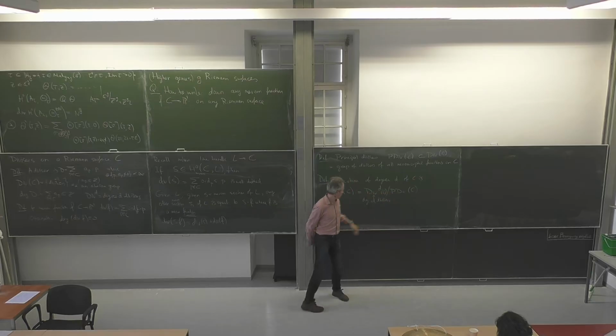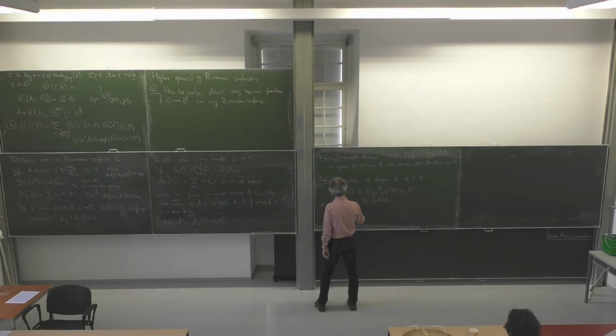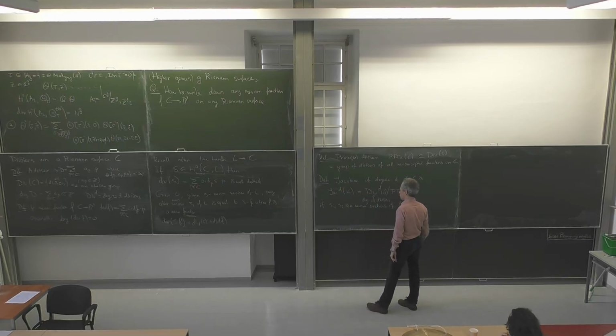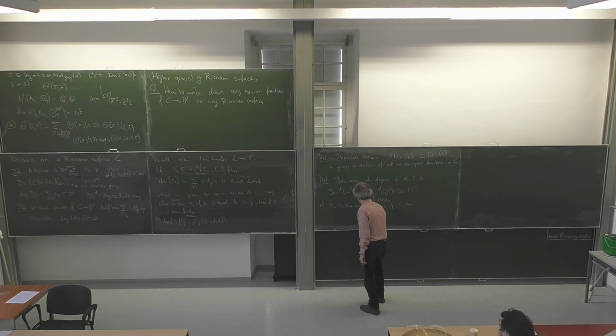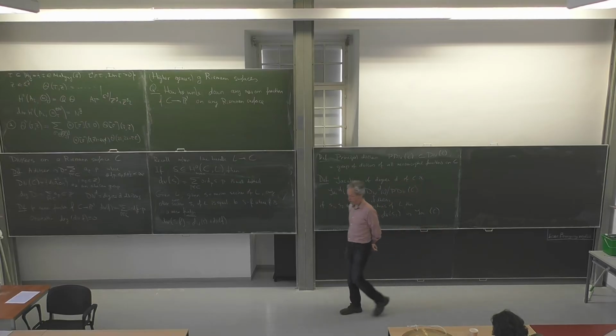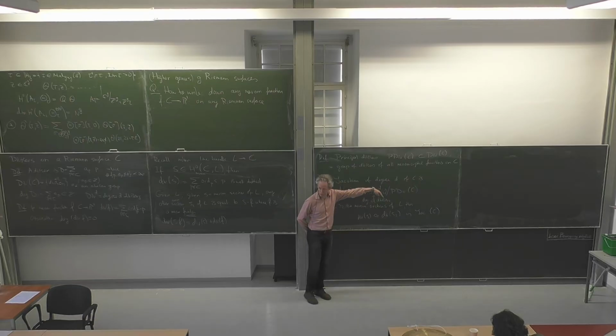So in particular, if S1 and S2 are meromorphic sections of the same line bundle L, then the divisor of S1 is equivalent to the divisor of S2 in the Jacobian, because they differ by a principal divisor.